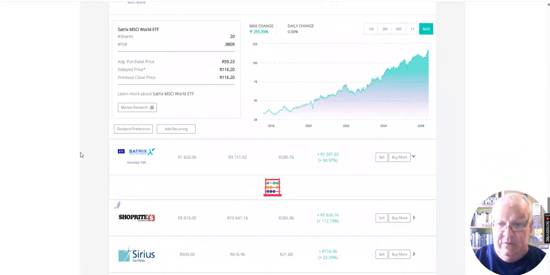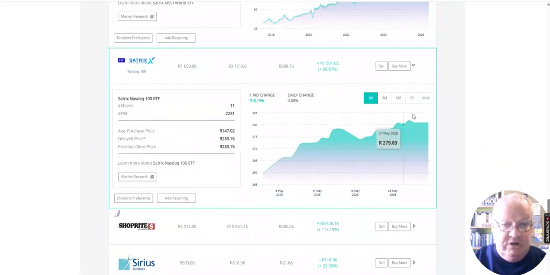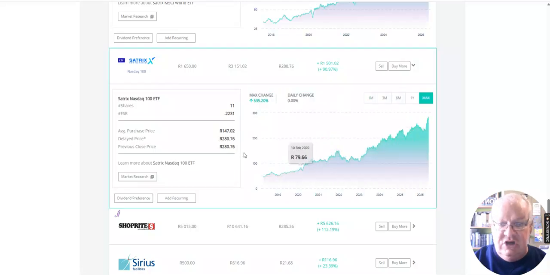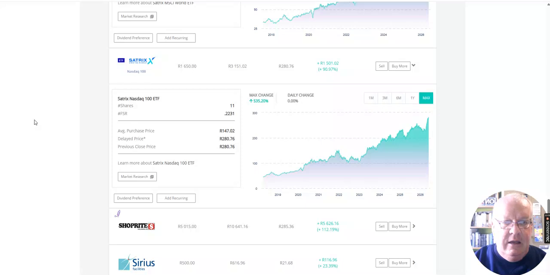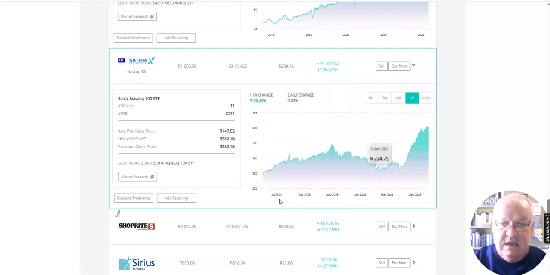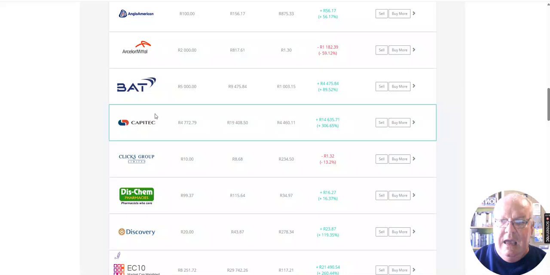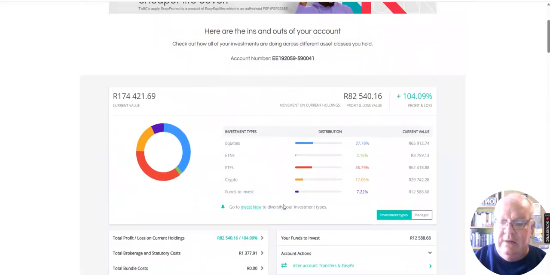There's the NASDAQ, for example, which is focused obviously on technology shares, and again, 535% maximum change, and over 1 year it's gone up by 28%. Yeah, so that's fine. And again, you can do that simply.